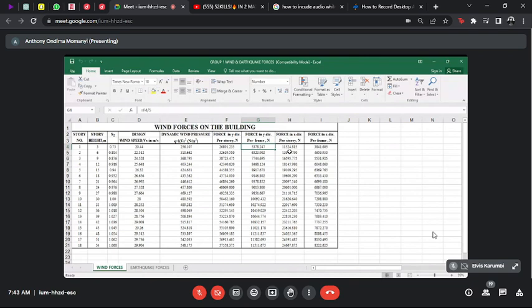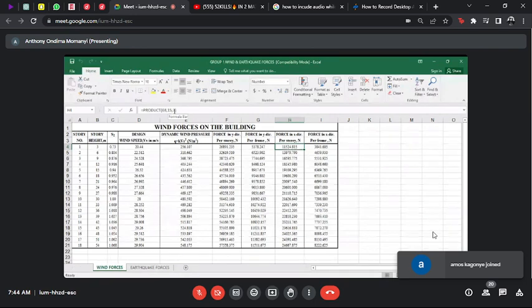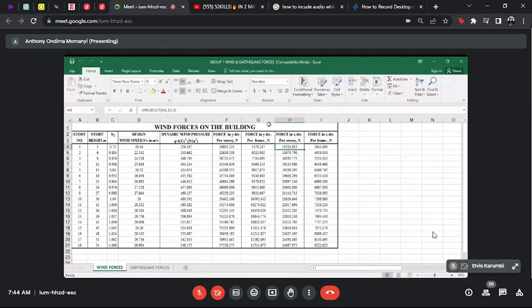Now in the x direction, what changed was just the area. The area in the x direction was 15 multiplied by 3, and we multiplied it by column E, which was the dynamic wind pressure. Per frame, we divided column H by 3.